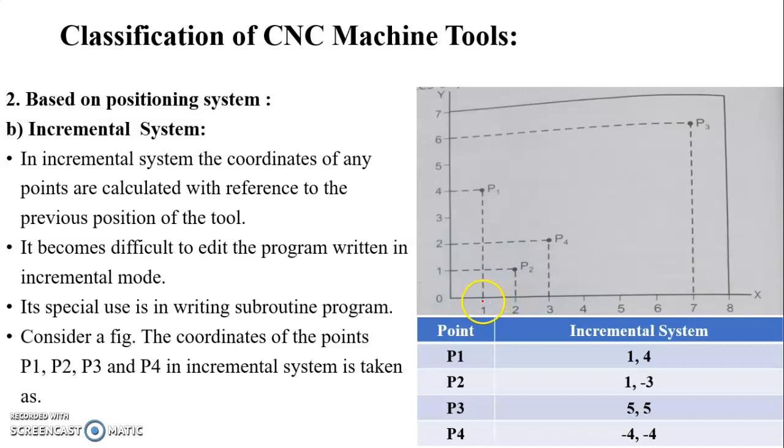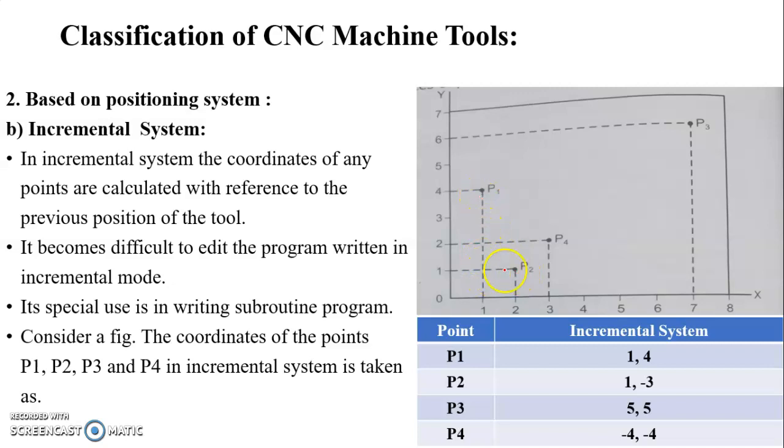Here we have to consider the previous position of the tool in the incremental system. That's why the value at point 2 of the x axis is 1, whereas the value of the y coordinate at point P2 is -3, because initially the tool is at point P1, but when it moves from P1 to point P2, it moves in a downward direction.